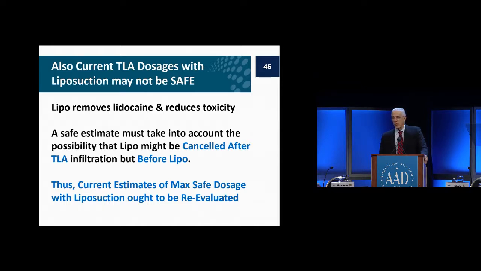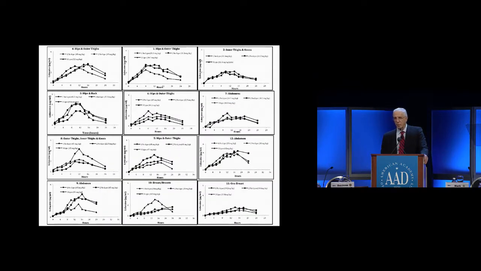For example, the patient develops nausea and vomiting or gets a migraine, or the surgeon gets chest pain and the surgery is canceled. In that case, the patient might have a high dosage of lidocaine, so we needed to reevaluate that as well. So we embarked on a clinical trial that tried to answer these questions.